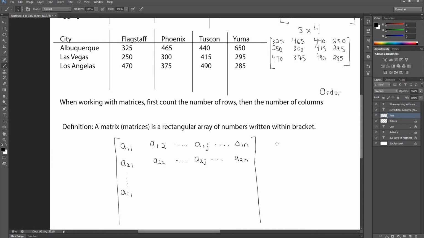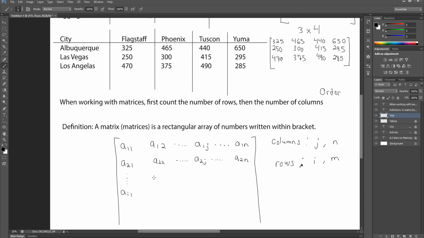So columns, we usually associate columns with the letters J and N. And rows, well, we see I right now. By the way, I is before J in the alphabet. Unless you're me, you say it backwards. So if I is before J, we're probably going to take the letter before N, which is going to be M.